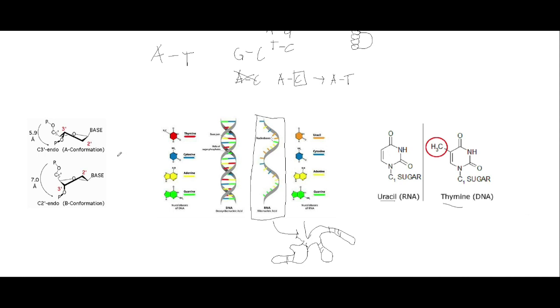It doesn't show it here, but this should have a hydroxyl on it to make it the ribose that you would use on RNA. And so the ribose on RNA has what's called a C3' endo pucker. So this is called a pucker.